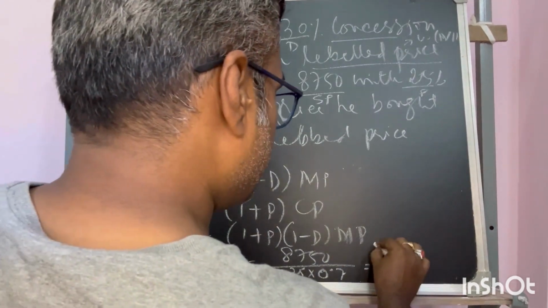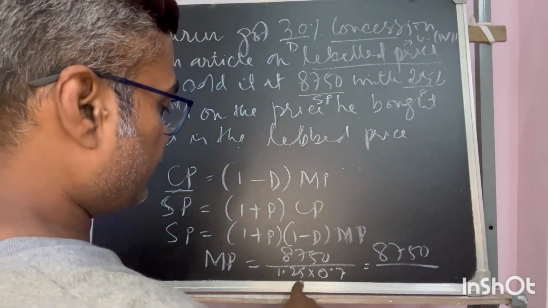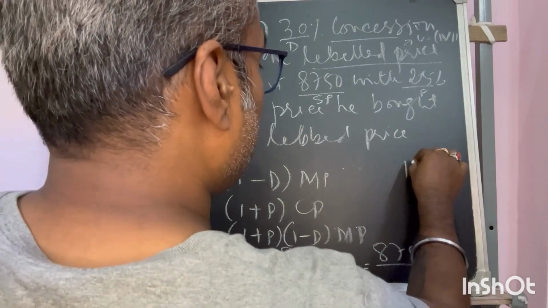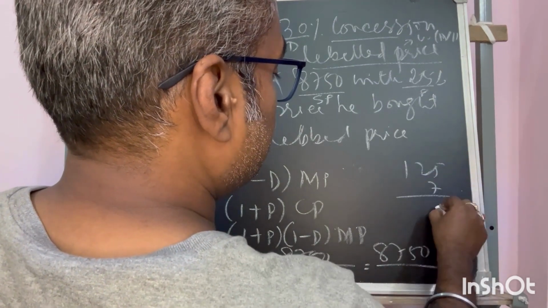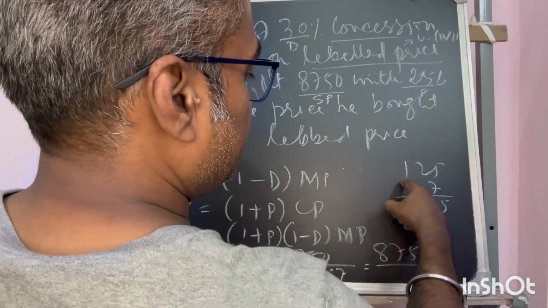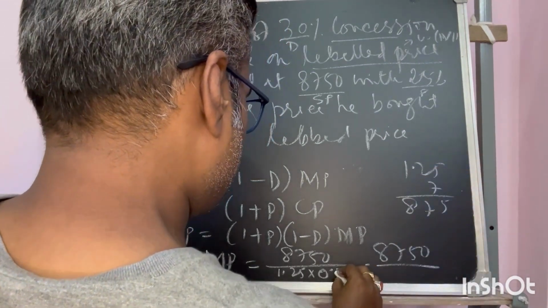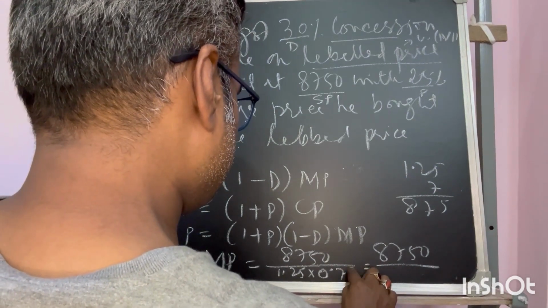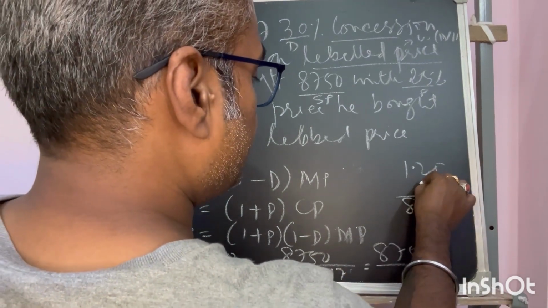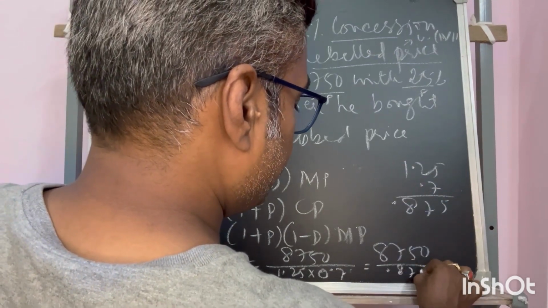So now if I calculate 8750 divided by 1.25 into 0.7, that is 125 into 7, which is 875 basically, so this will be 0.875.